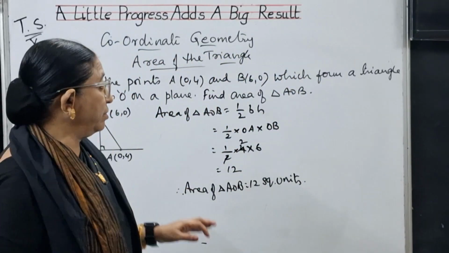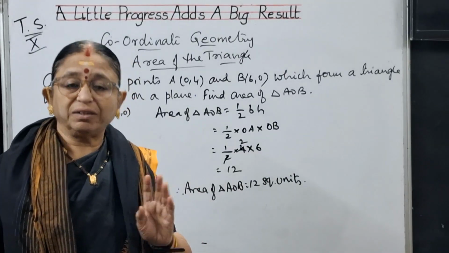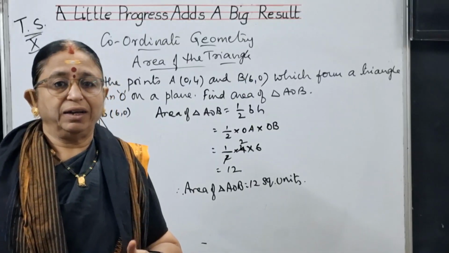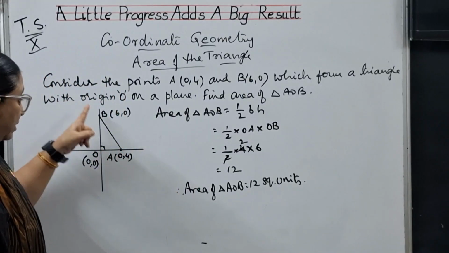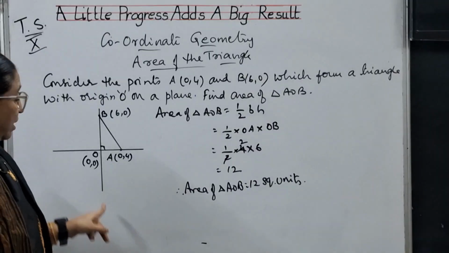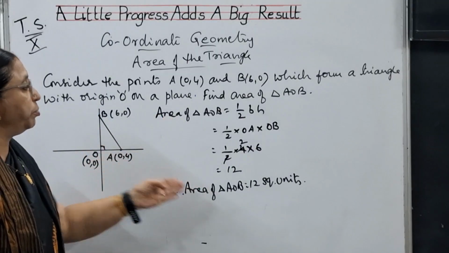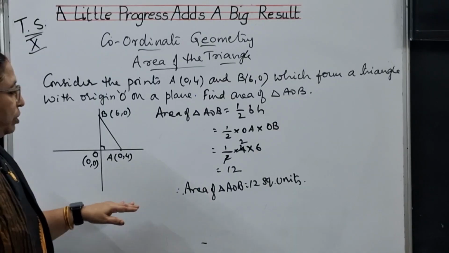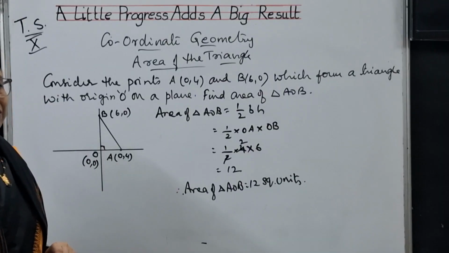So be clear, children. This kind of problem you are going to get in short answers. If the triangle is formed by the coordinate axes and with origin, it's a very simple method. Half base into height you have to use. If it is not this, what do we have to do?